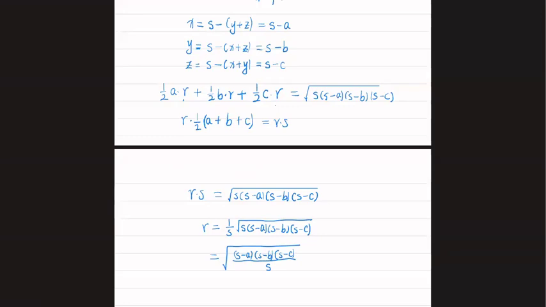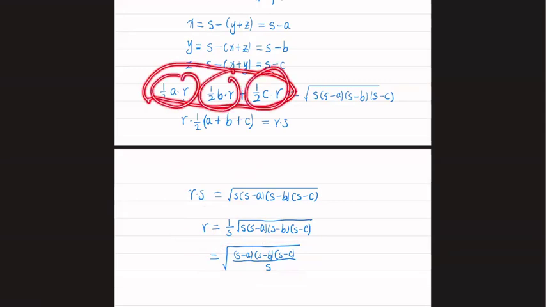Okay, so the formula for the radius of the inscribed circle, the inradius. So not only do you know the formula, you know how we derived this. We find the area of the three small triangles, add them together, and apply the Heron formula.